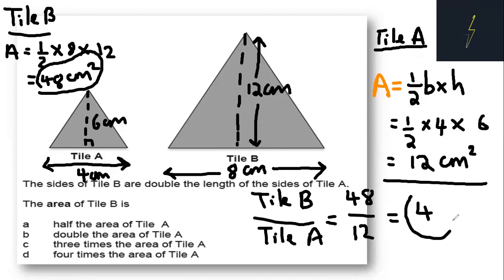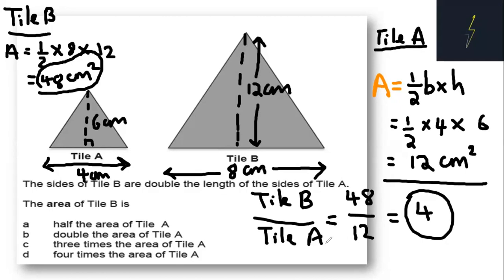Class, what is this telling us about tile B and tile A? When I divide the area of tile B by the area of tile A, tile B is 4 times the area of tile A. Thank you. Tile B is 4 times bigger than tile A.